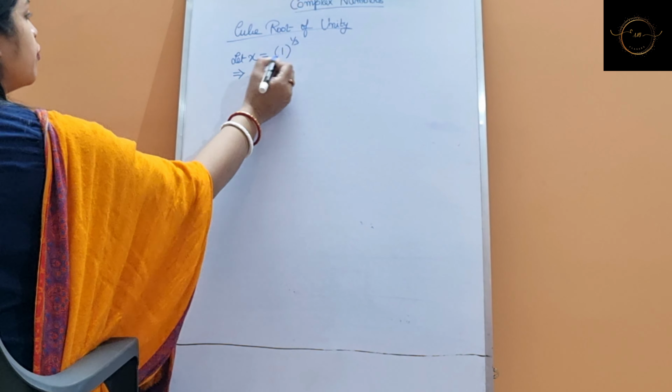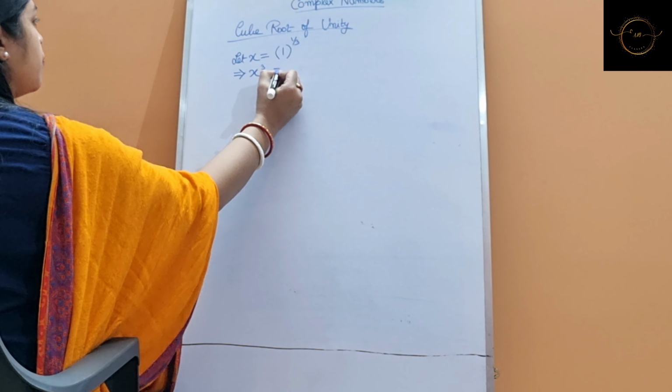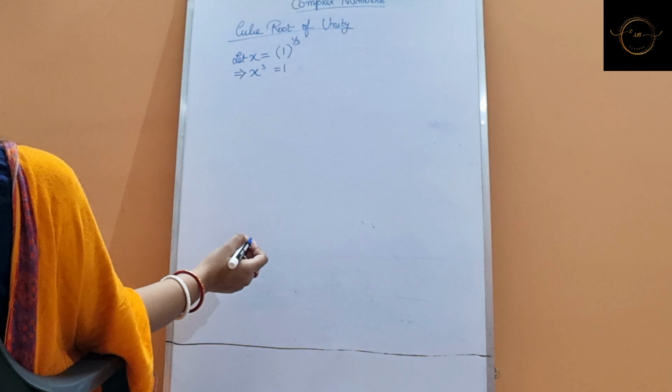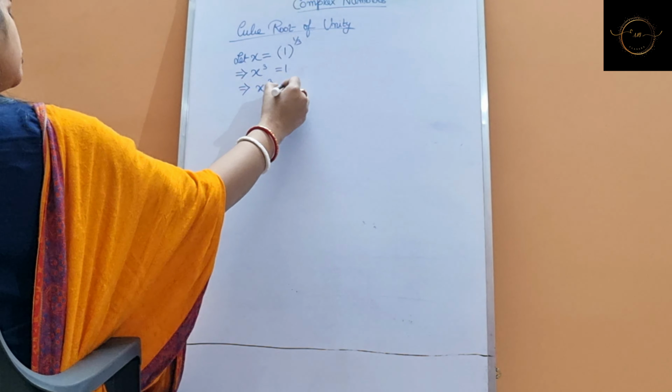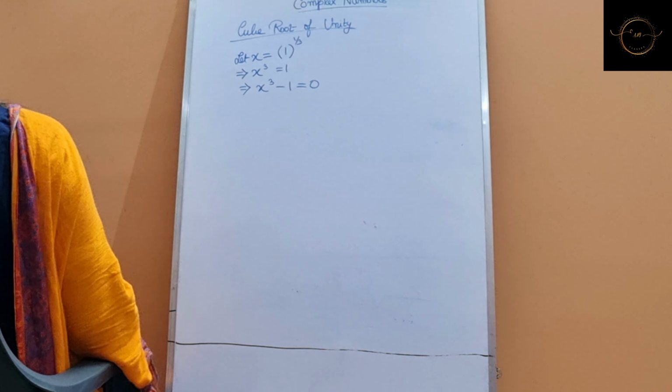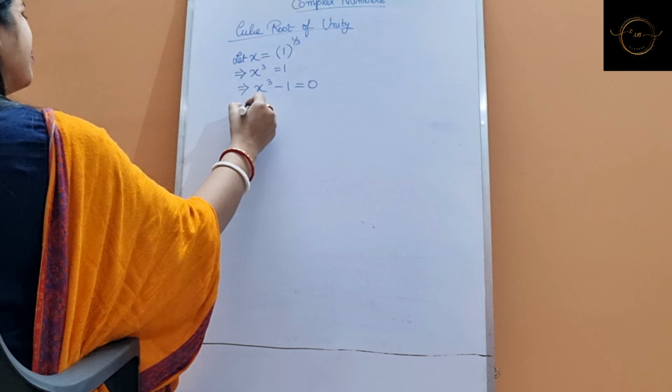Now if we cube both sides, we get x cube is equal to 1. Now take the 1 to this side, so it will be x cube minus 1 is equal to 0.